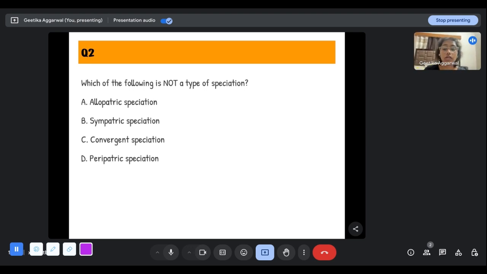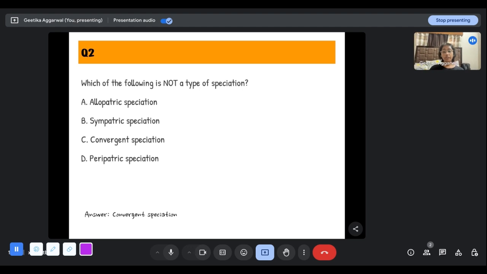Next question, which of the following is not a type of speciation? Allopatric, sympatric, convergent, or peripatric. We've discussed the different types of speciation during this lecture. So which of these is not a type of speciation? I will give you 10 seconds to think about the answer, and then I will tell you the answer. The correct answer is actually convergent speciation.